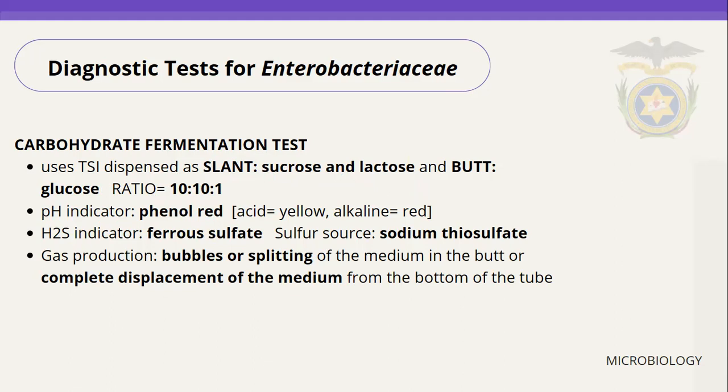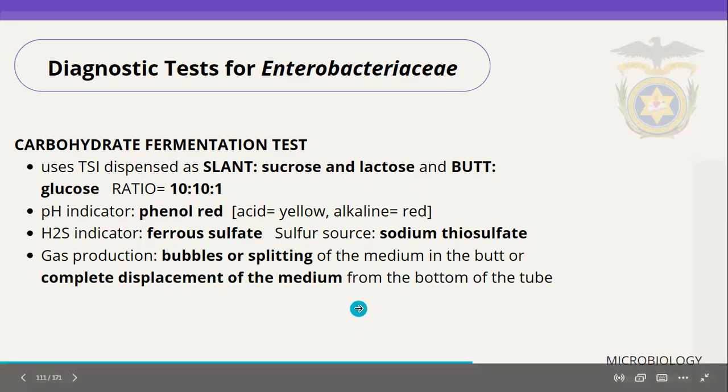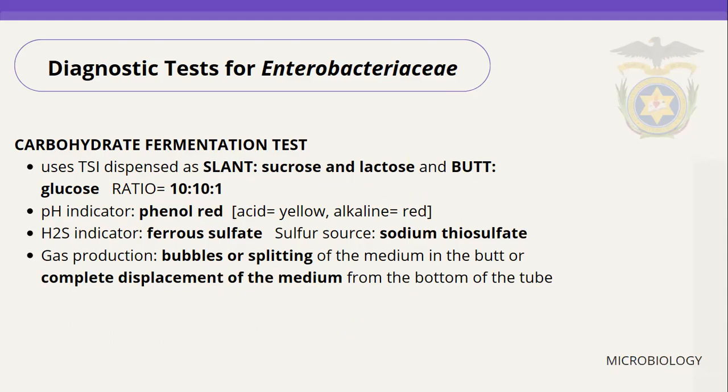So if it's acid, it will become yellow, and if it's alkaline, it will become red. Our H2S indicator here is ferrous sulfate, and our sulfur source is sodium thiosulfate. Bubbles or splitting of the medium in the butt, or complete displacement of the medium from the bottom of the tube, shows that an organism is able to produce gas.